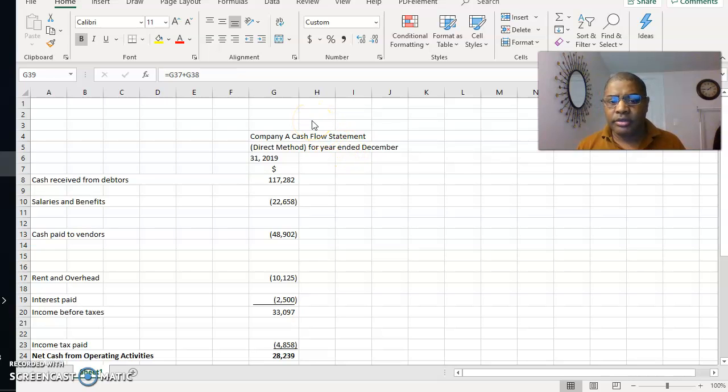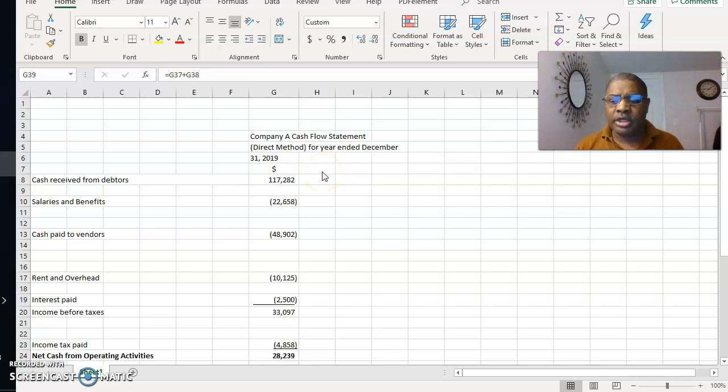The two advantages of the indirect method are, number one, that it is very easy to calculate, and number two, the users can see the link between the income statement, the balance sheet, and the cash flow, meaning that they can see, in terms of the adjustment, why it is different.